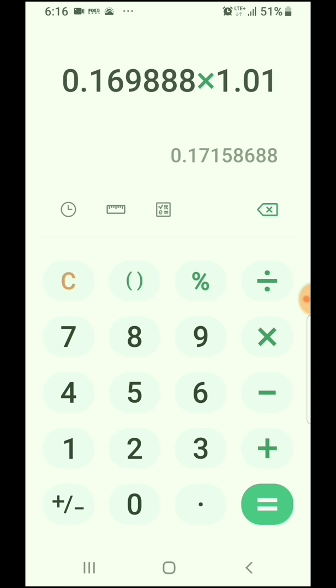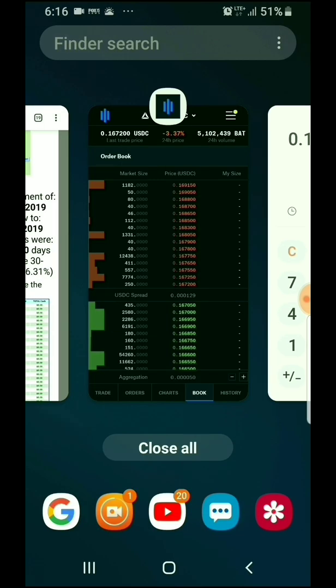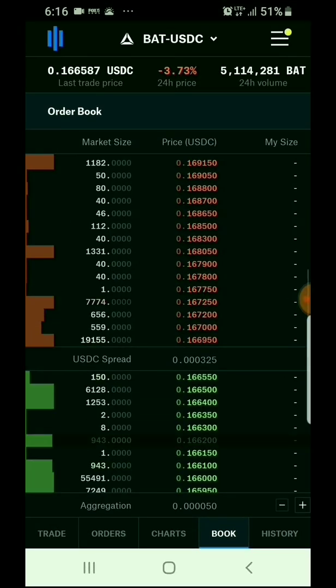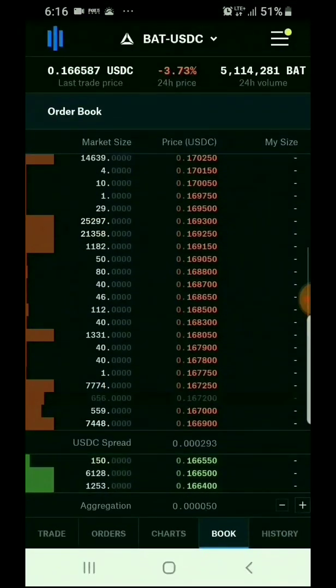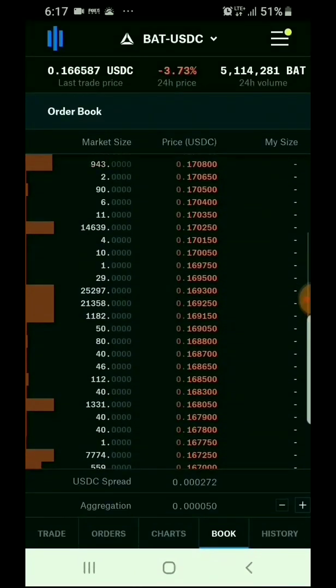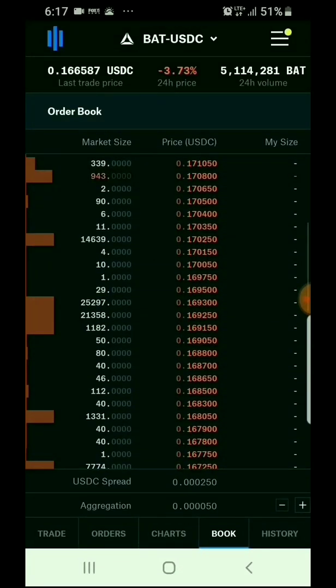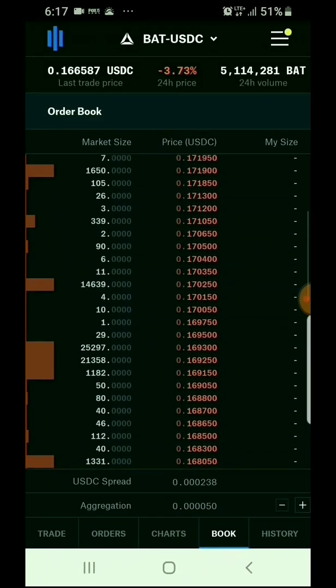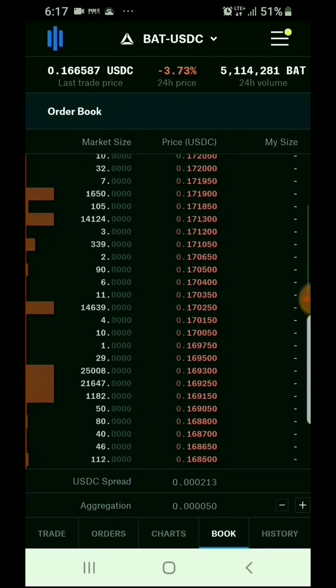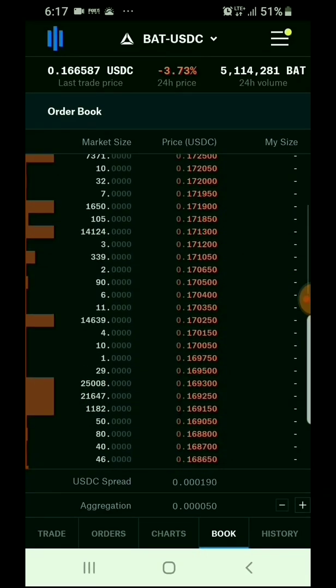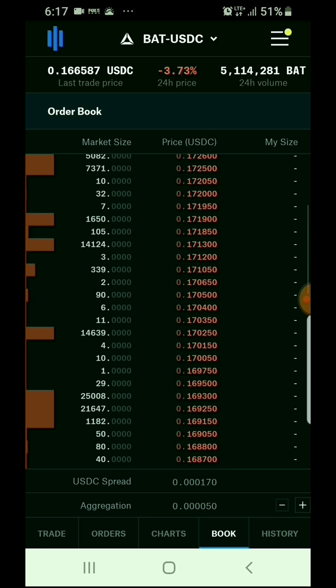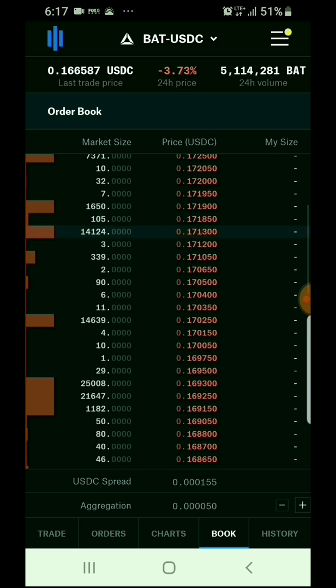0.171688. Go back to Coinbase. 0.171688. That would be right about here. My sell order will be right around there.